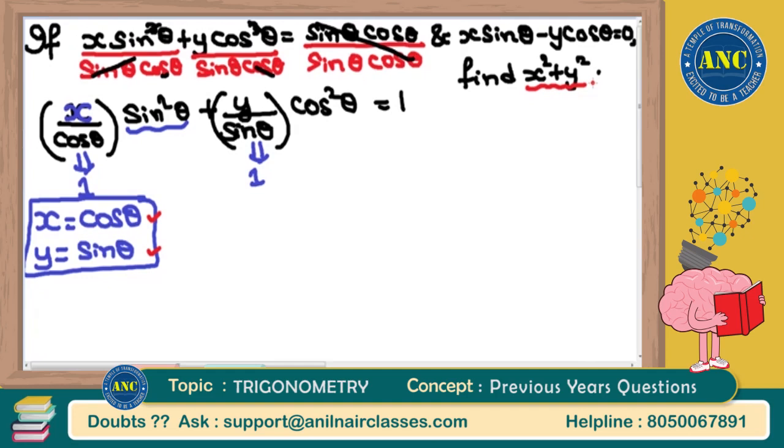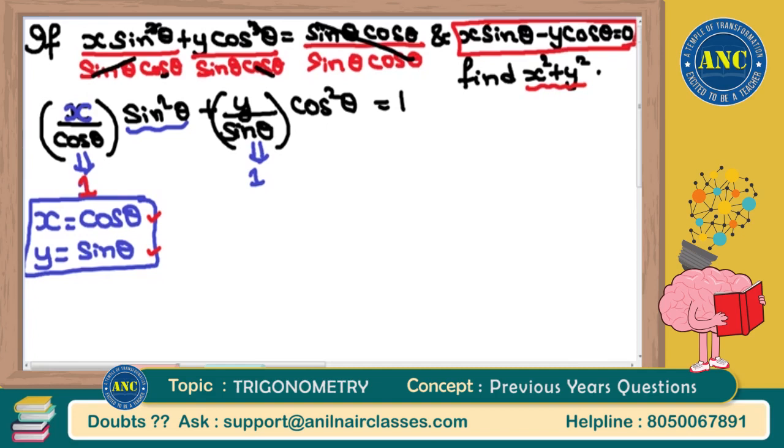Suppose the values you got are x equal to cos theta and y equal to sin theta. There is another condition that needs to be satisfied. Please substitute those x and y values in that condition and check whether it is satisfying or not. Only when it is satisfying, you need to move forward. Otherwise, you cannot move forward.